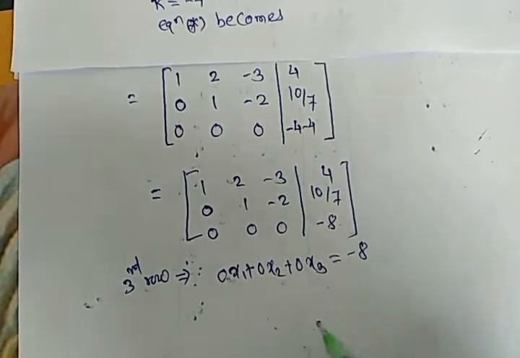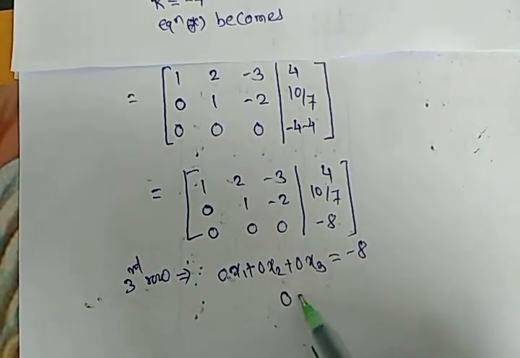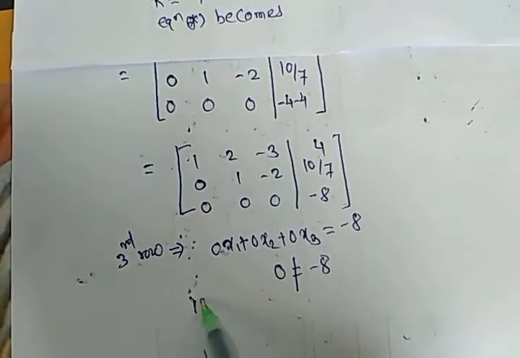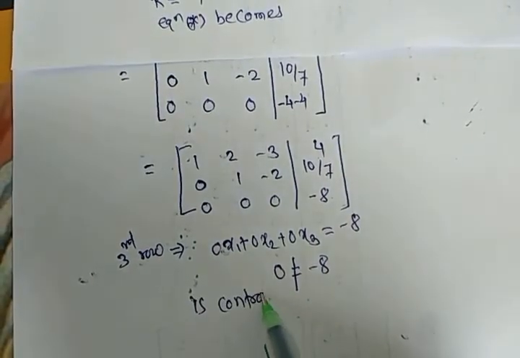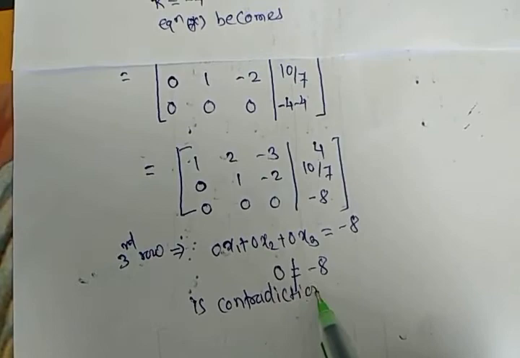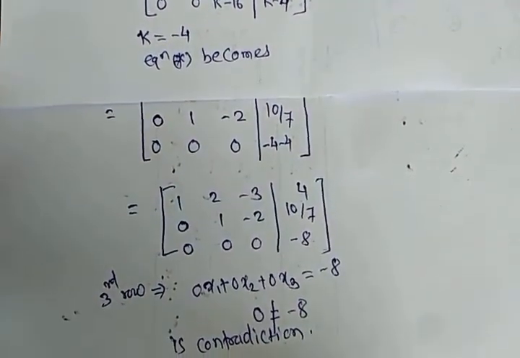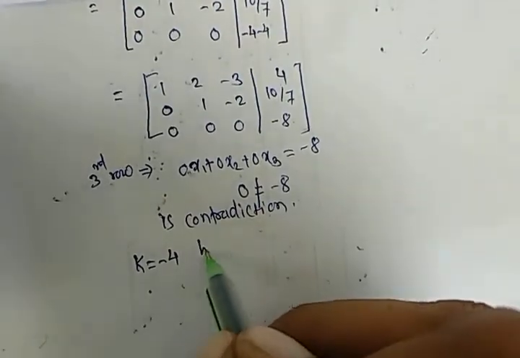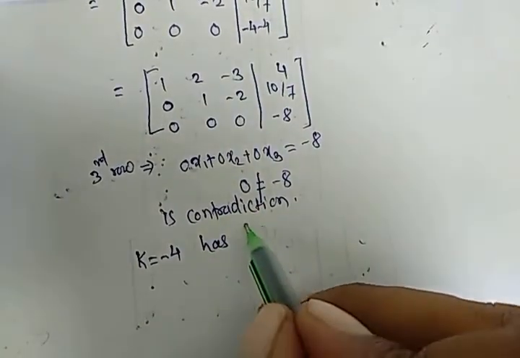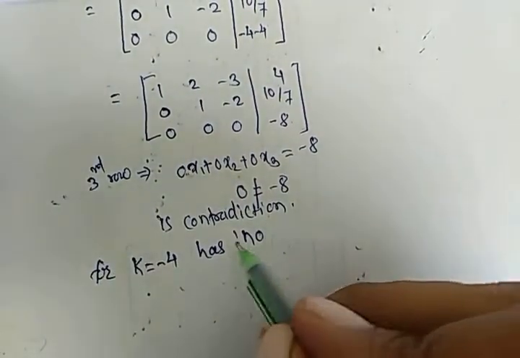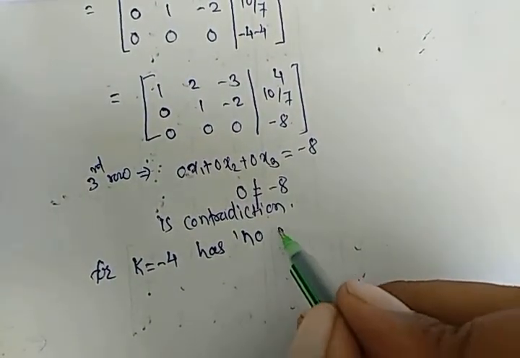Now here it is 0 is equal to minus 8, which is not possible. Okay, which is a contradiction. That is, for k is equal to minus 4, the system has no solution.